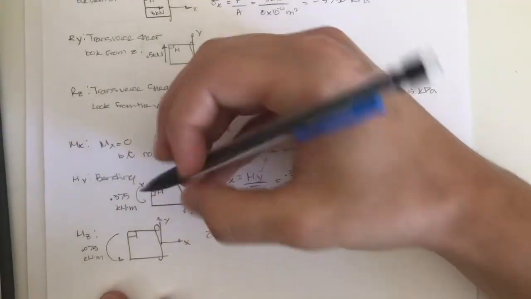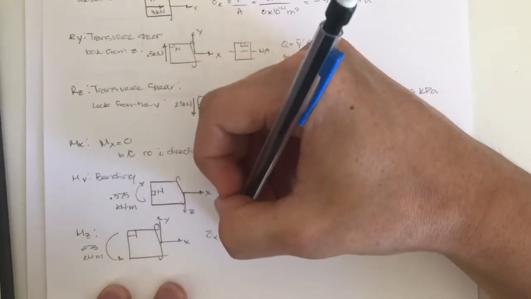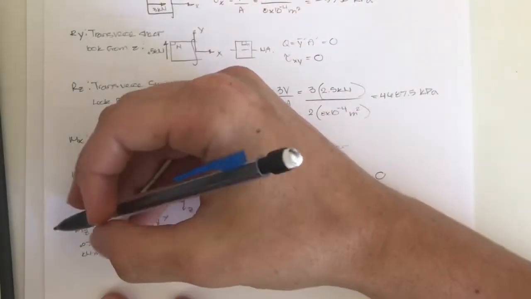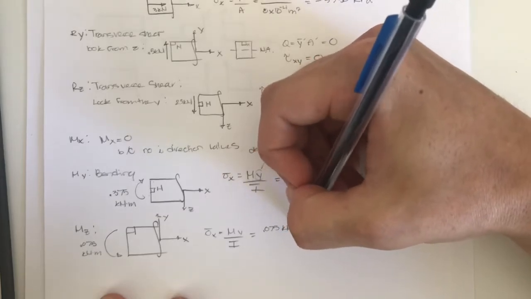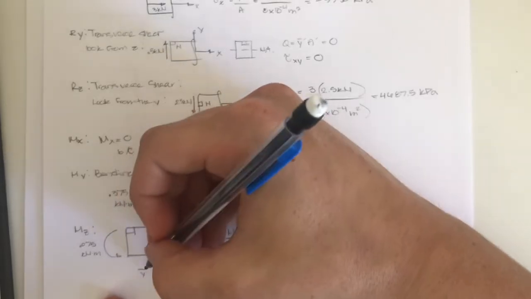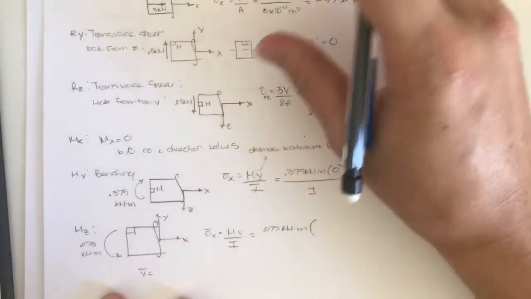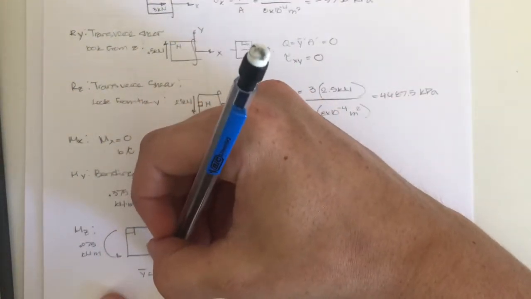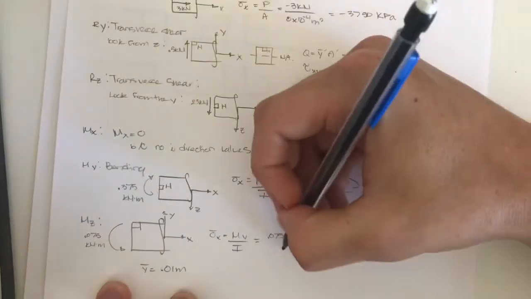So sigma x equal to My over I. So the moment is 0.075 kilonewton meters times y, which in this case would be the radius, or just half the length of the height. So that's 0.01 meters.